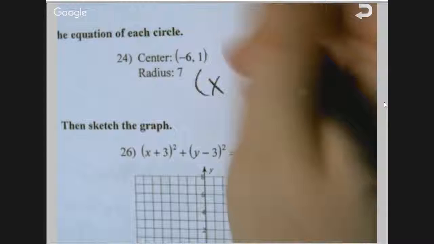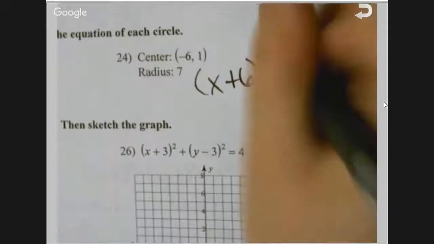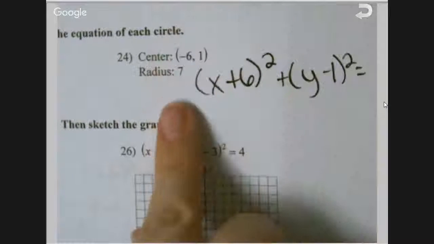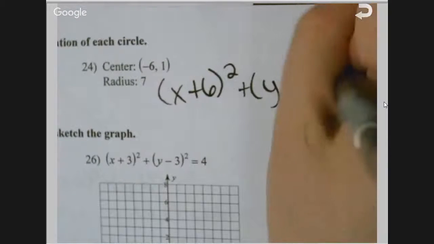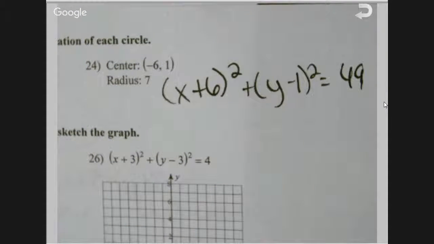I should be able to go x minus a -6 comes plus, then squared, plus y minus 1 squared equals whatever 7 squared is, which is 49. And that would be my standard form. So you should be able to write the equation as well as find the center and the radius. You should be able to go both ways.